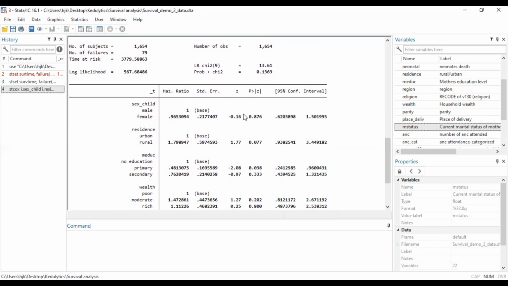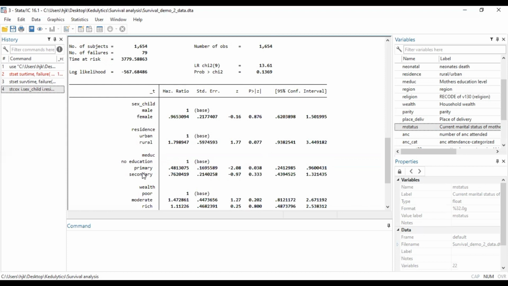But when we look at the individual p-values, you realize that edu for primary level of education is statistically significant. Now we want to talk about the hazard ratio, how we can interpret it, and we also talk a little about the confidence interval.